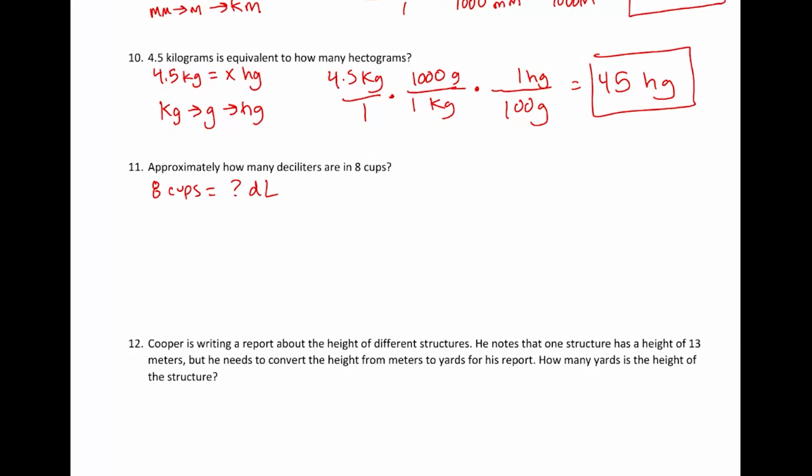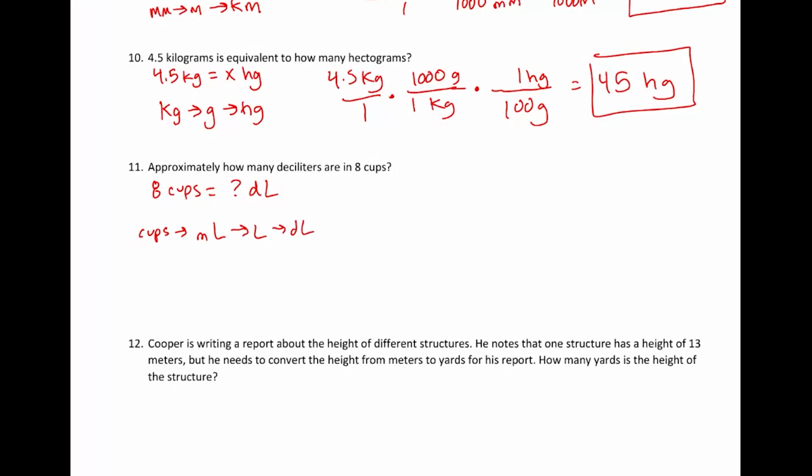There are a couple of different ways you can go since we're dealing with a conversion between systems. But I'm going to go from cups; we have a conversion from cups to milliliters. Once we have milliliters, we can take that to liters and then liters to deciliters.